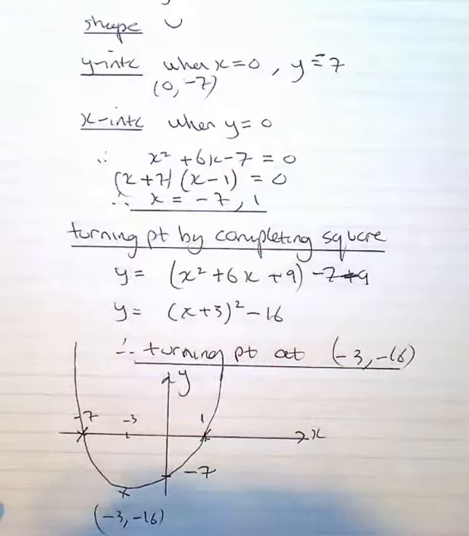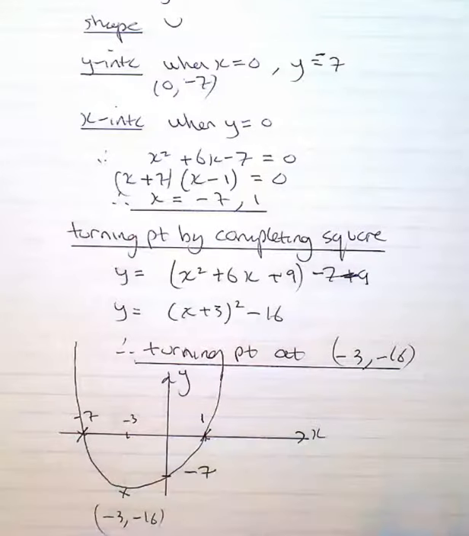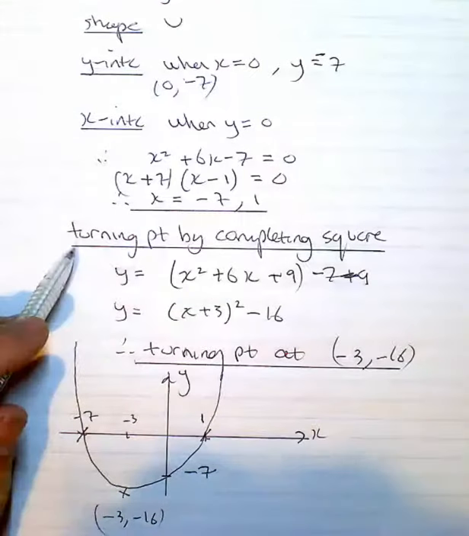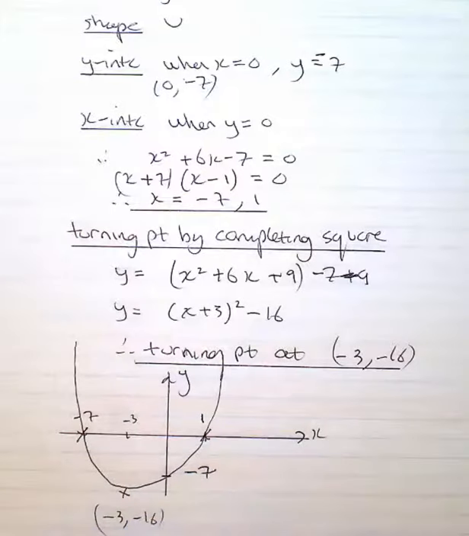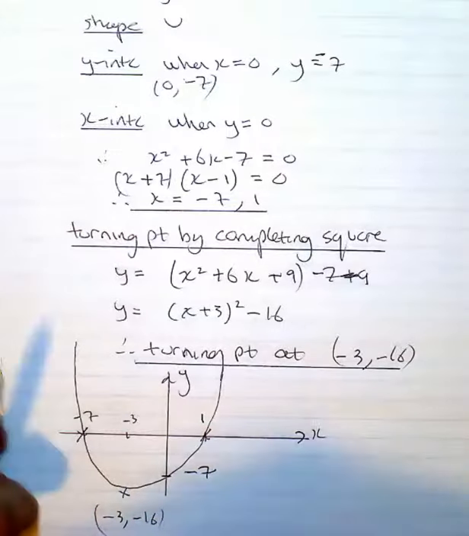Now on a scale, this is like a B-type question because I've had to use the turning point, complete the square to find the turning point and work it through on that basis.